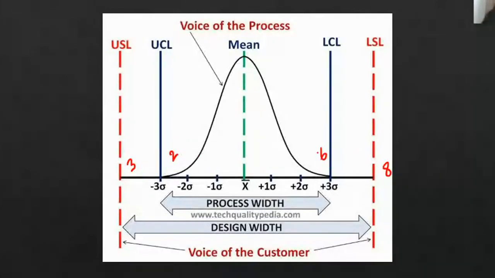Is it meeting customers' needs? Yes, it is. Since the process width here, the upper control limit and the lower control limit, is within the upper specification limit and lower specification limit of the customers. So in this case, we can conclude that the process is not only capable, but the process is also within the customer specification limit.